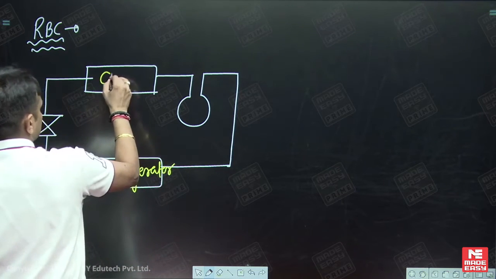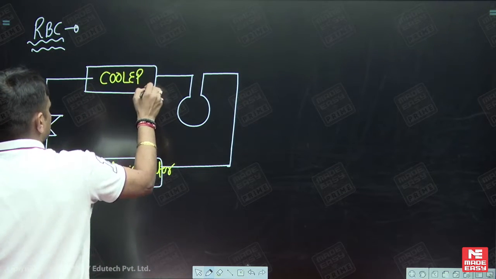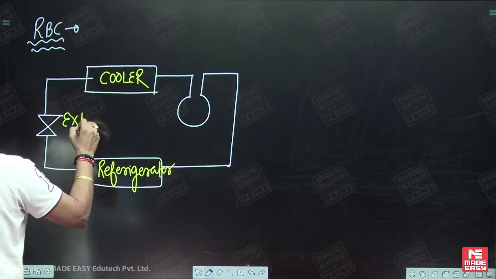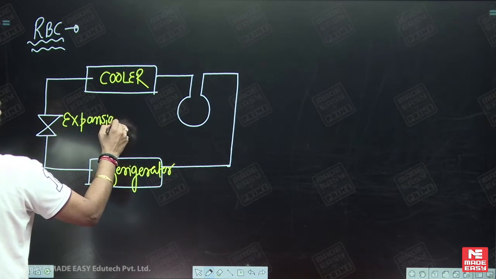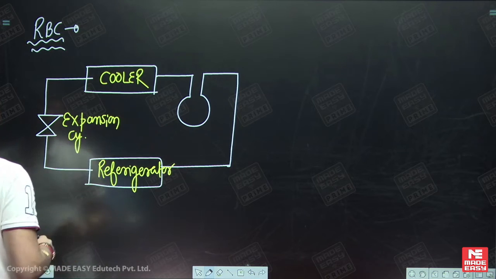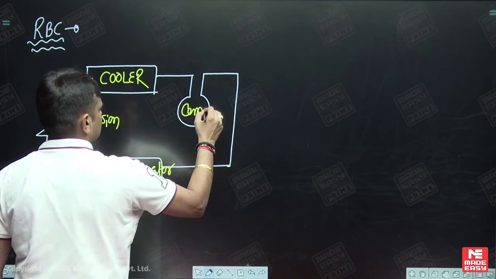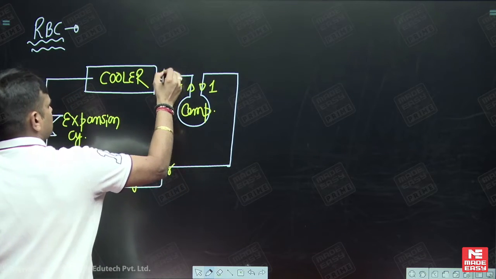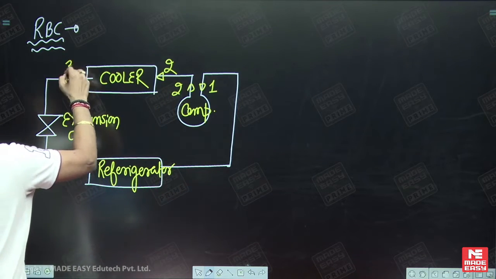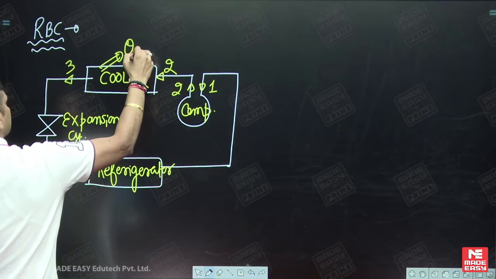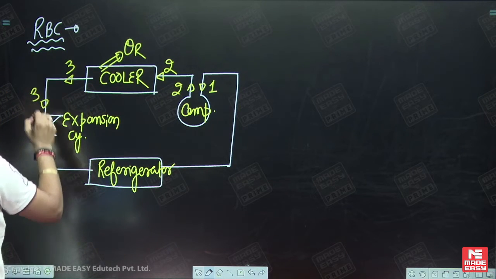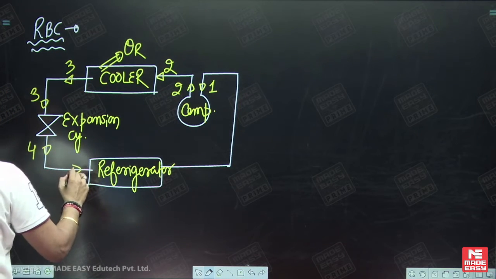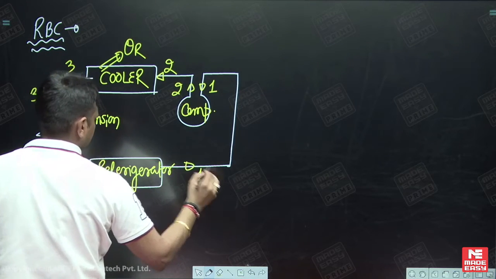Next, this is called the cooler section. This is called the expansion cylinder. Please remember all these things for your objective point of view. And this is your compressor section. So this is 1, this is 2, 2 is entering, this is 3, this is heat rejection, this is 3, this is 4, and 4 is entering and 1 is leaving.